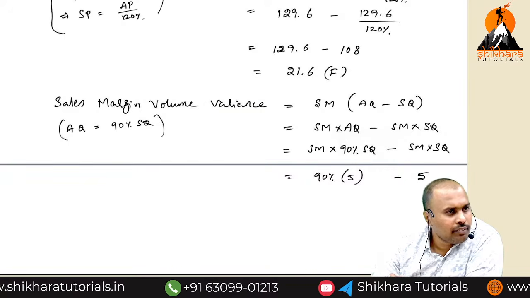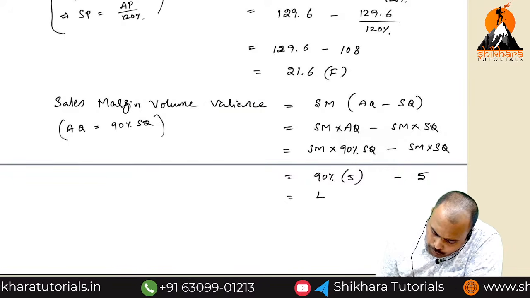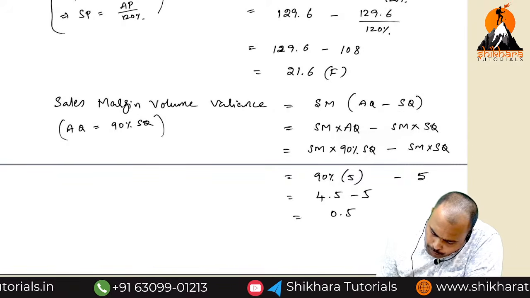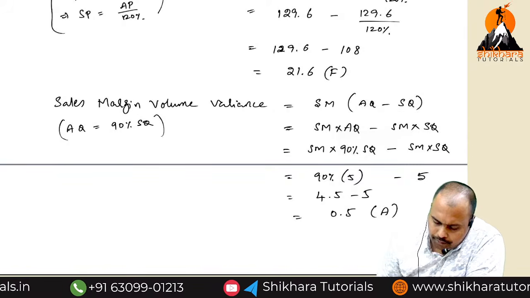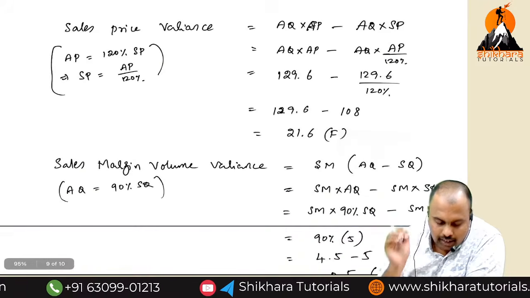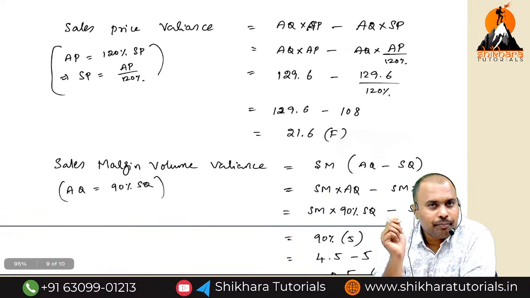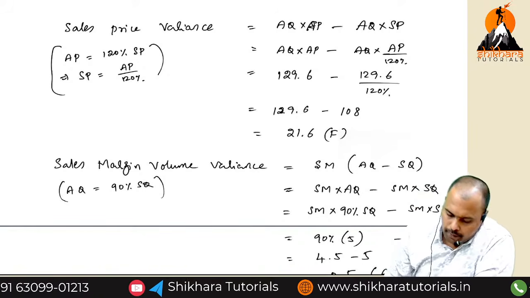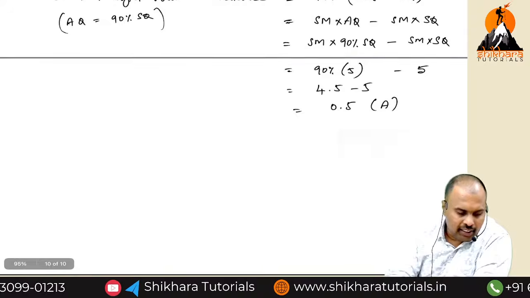Agree or not? So that has to be 4.5 minus 5, which is equal to 0.5 adverse. Understood these two? Clear?